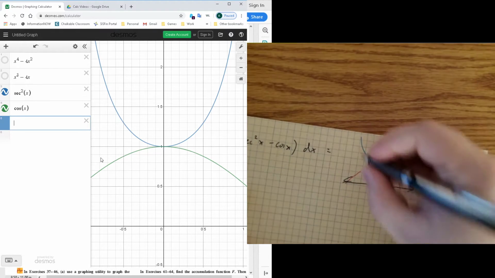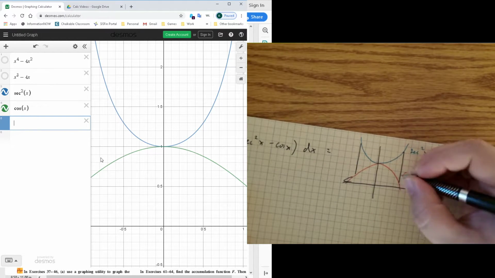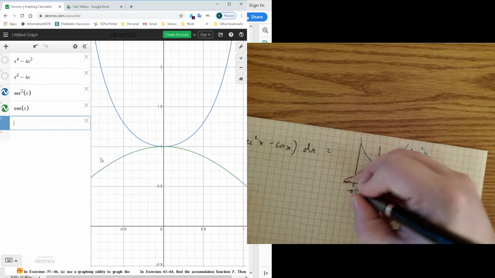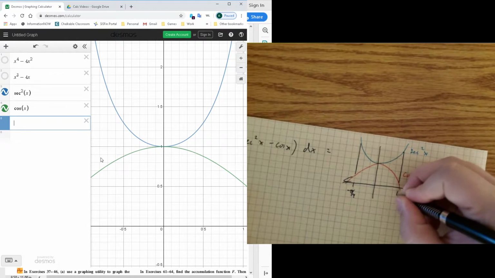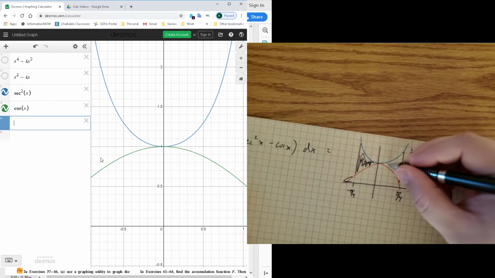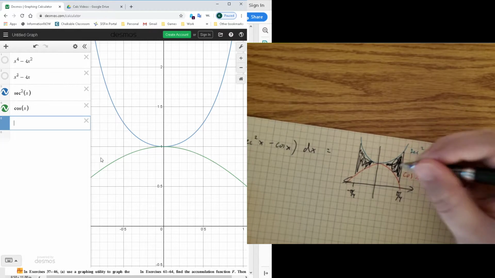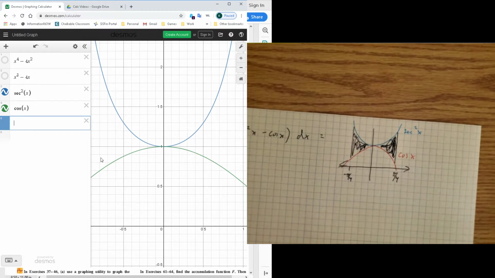And the area we're actually finding is this almost bow tie-like shape between negative pi over 4 and positive pi over 4. So it'd be this shape. So here we want to find the area of a bow tie. Apparently you use secant squared and cosine.